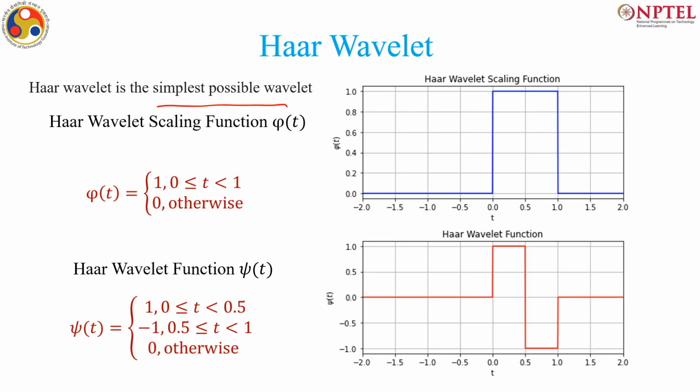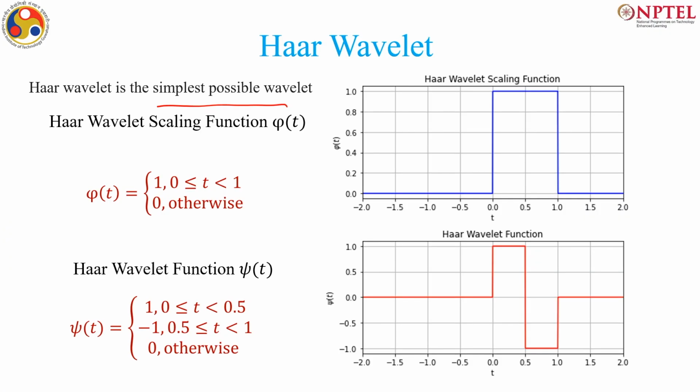Dr. Alfred Haar gave the idea of this scaling and this approximation and detail function way back in 1909, and at that time the concept of wavelets was not present, until the late 70s or probably early 80s, when Dr. Ingrid Daubechies gave the term wavelets to her famous formulation of Daubechies wavelets, and Haar wavelets can be taken as a special case of Daubechies wavelets, which is db1.